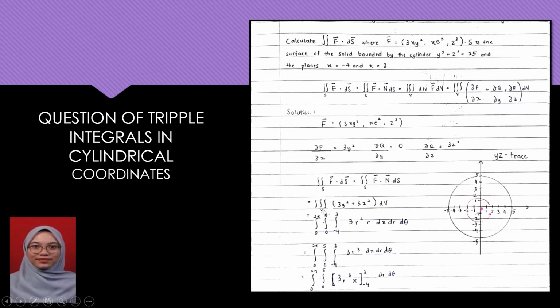Because the surface is a cylinder, notice how the cylinder is running along the x-axis and is bounded at x equals -4 and x equals 3.